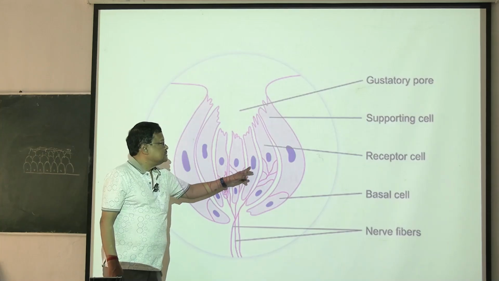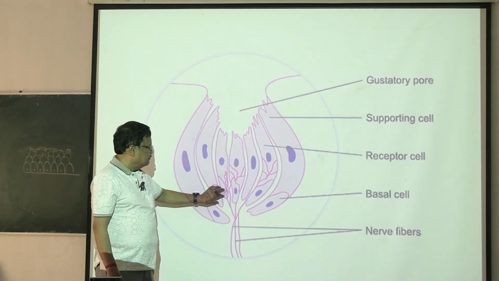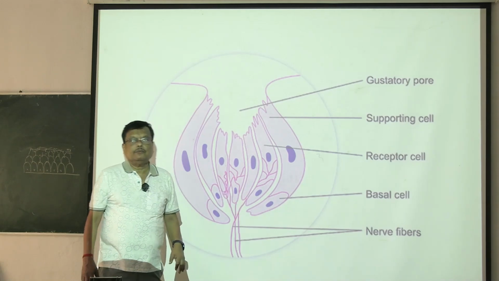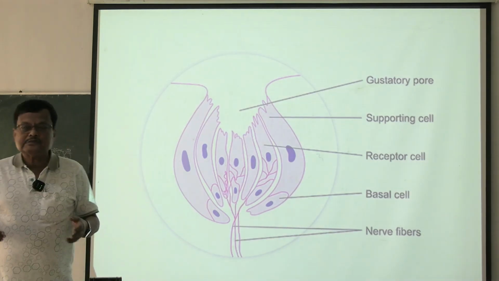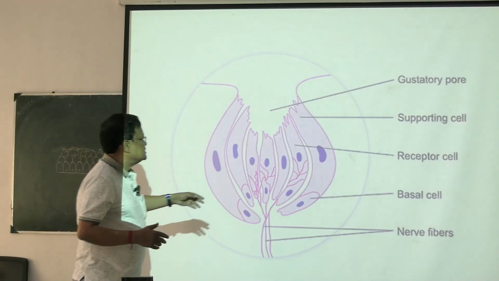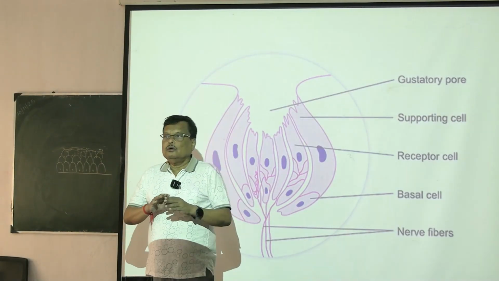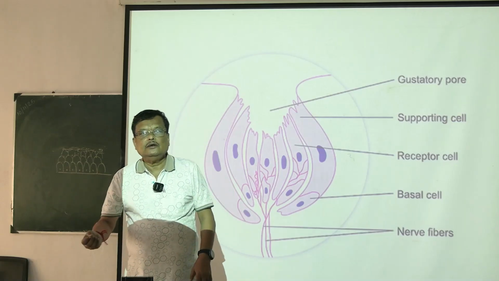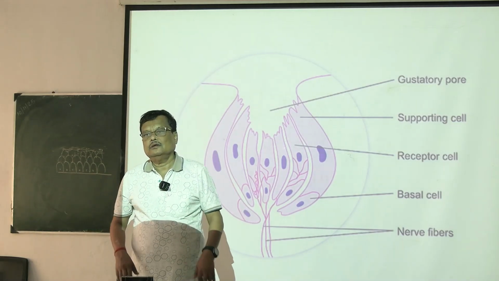So these are the main cells, supported by the supporting cells, and a few basal cells are present. What are the basal cells? What is their function? These taste cells are not long-lived cells. Only 8 to 10 days after, they degenerate.